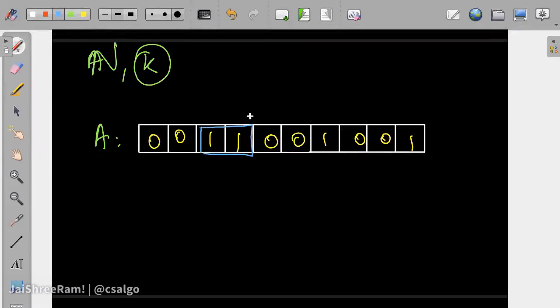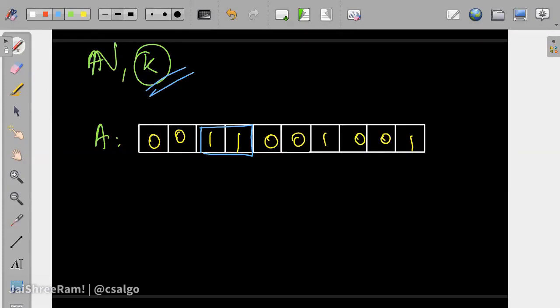So you need to maximize the longest chain of ones in this particular array after flipping at most k positions. Flip at most k positions and then find out what is the longest array possible. That's what you need to find.